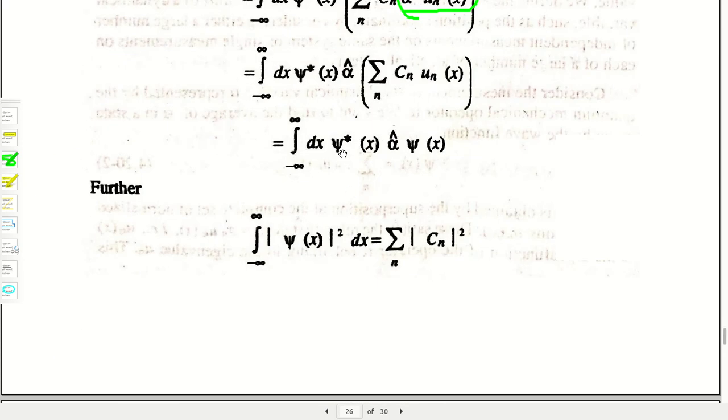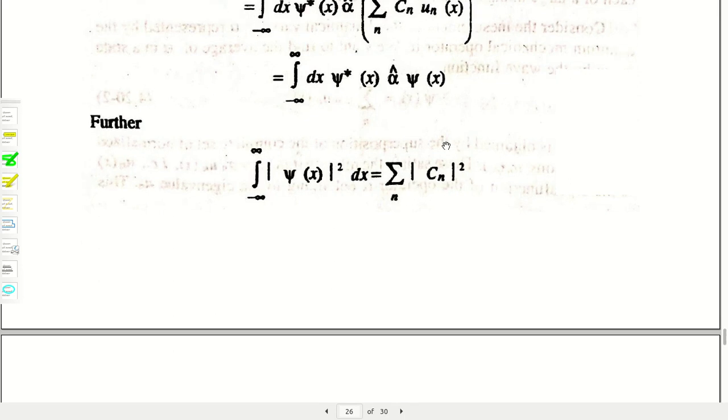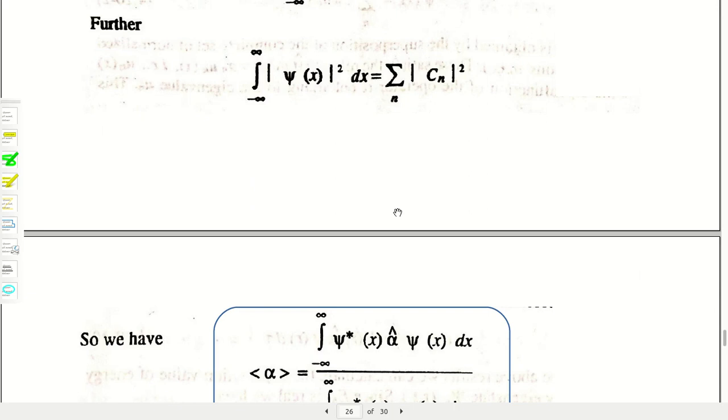This is your integral dx psi star alpha operator psi. Now the denominator term is mod psi square dx. So in place of the sum of mod Cn square, you can write mod psi square dx.